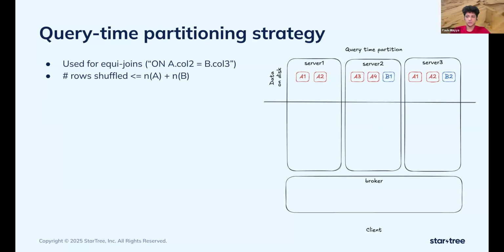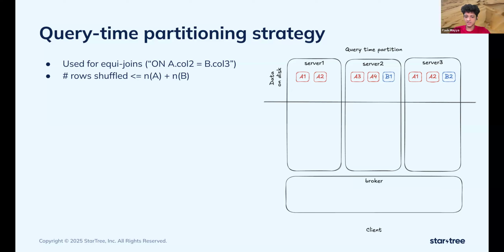So the most common case is to simply use a hash function as a partition function. And the corollary of this property is that rows that end up in different servers after the partition-based shuffling never needed to be joined in the first place because of the property of the partition function or the hash function. So here as well, the number of rows shuffled is bounded by the total number of rows in both the tables.